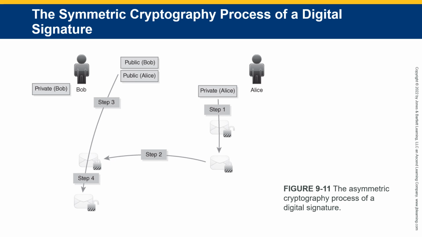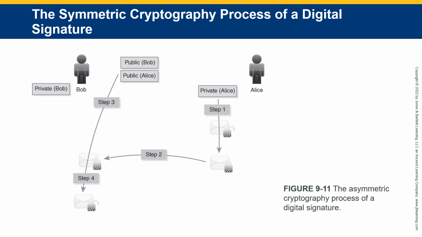Alice encrypted it with Bob's public key, and then Bob looks at Alice's public key and does a hashing on it to see if it comes out to be the same. But Bob decrypted it with Bob's private key, because Alice encrypted it with Bob's public key. So that's how asymmetric cryptography happens with a signature.